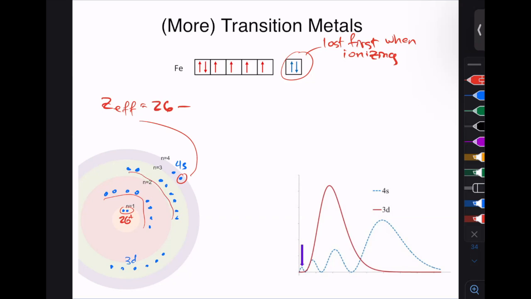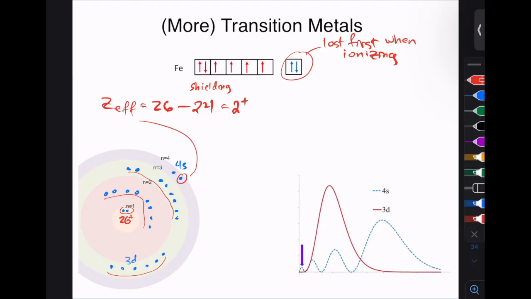Okay, that's 18. Plus we've got those 6 electrons from the 3d as well. So there are 24 electrons in the shells beneath 4s. So the shielding here is 24. So the effective nuclear charge on any of those 2 4s electrons is going to be 2+.